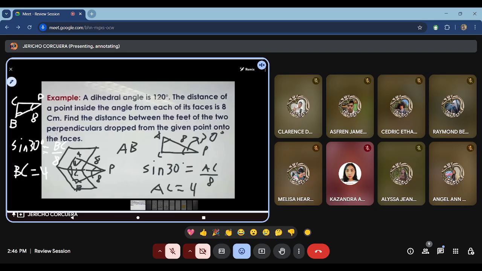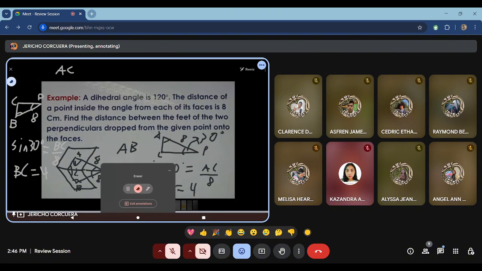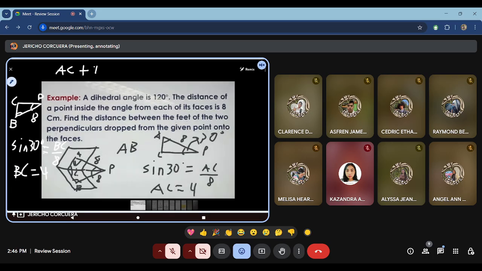So we are going to use the segment addition postulate here: AC plus BC is equal to AB. So that's the segment addition postulate. So we have 4 plus 4.